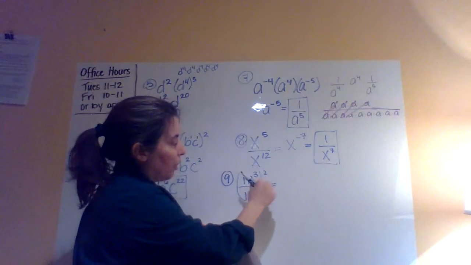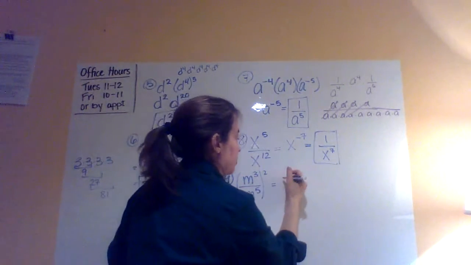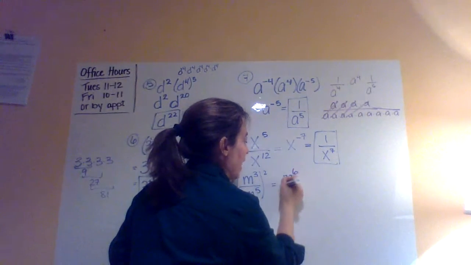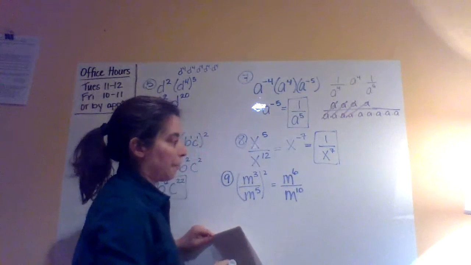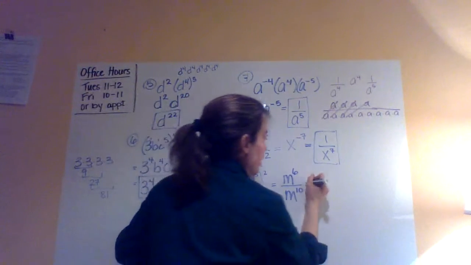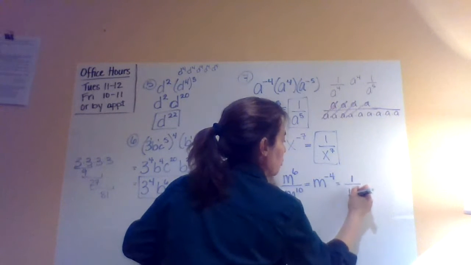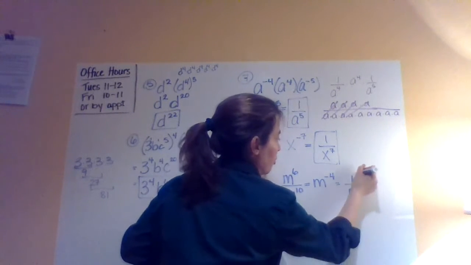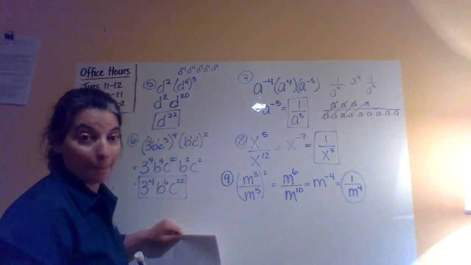And the power rule, remember, says that the outside exponent gets multiplied by all of the inside exponents. So in that case, I would get m to the 6th over m to the 10th. And then I would subtract and get m to the negative 4th, which is 1 over m to the 4th. And that's one perfectly good way to do it.